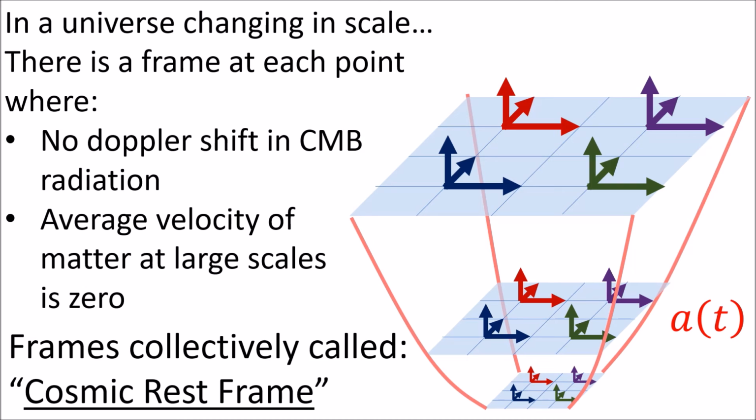This is the frame that comes from the distribution of matter and radiation in the universe. The laws of physics are still the same in every frame, as expected in special and general relativity. But the cosmic rest frame lets us define motion relative to the cosmic microwave background radiation.